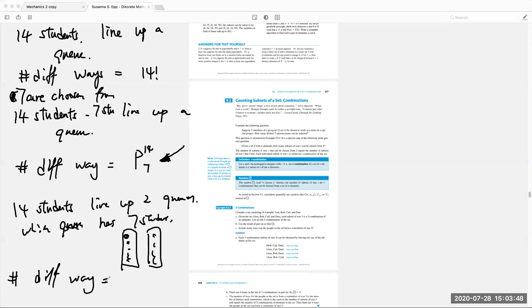Line up in 2 lines with 7 students each. If you may, send me your answer in the chat, or otherwise let's go on.